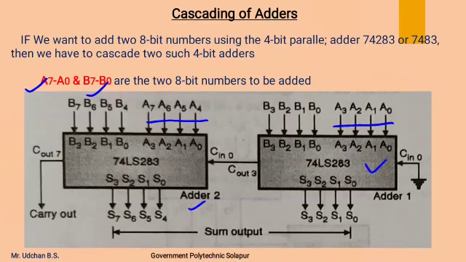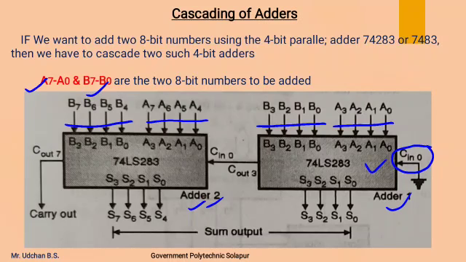Again from the other number B, the first 4 bits, B0 to B3, are connected as input to the first adder, and the next 4 bits, B4 to B7, are connected as input to the second adder. Again the initial carry input is connected to ground.